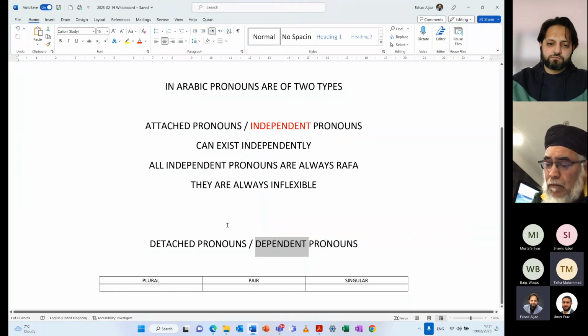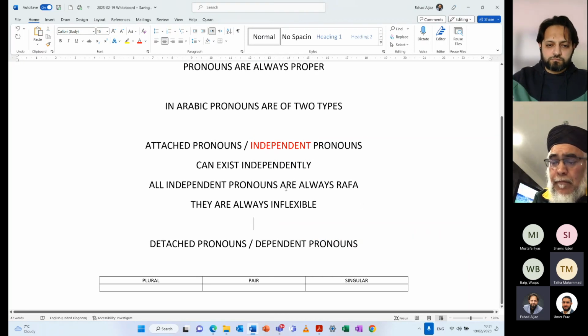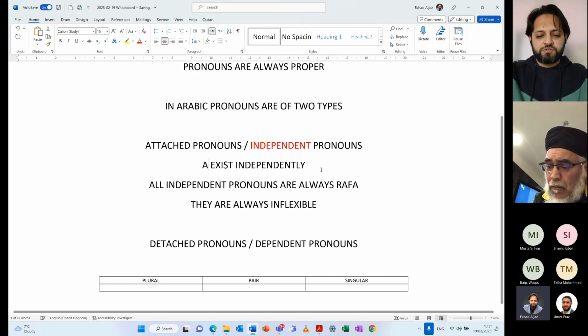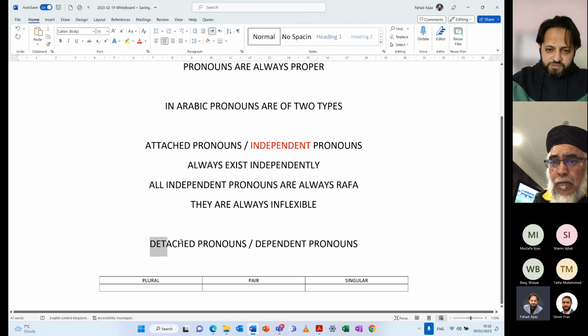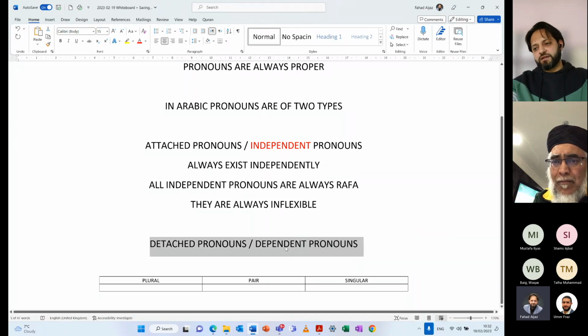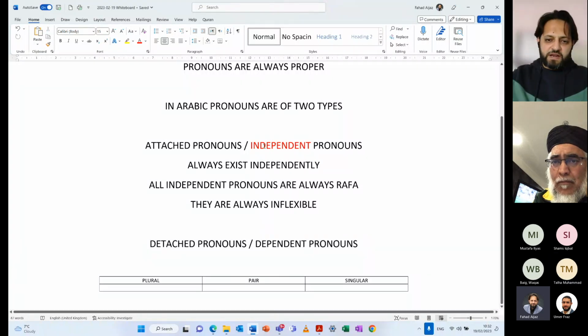But this means, the next condition that you wrote, "can exist independently," so it's not always existing independently. Let me just do it like this, because that's probably confusing you. So the independent ones always exist independently, and the ones which are detached, they don't exist independently. We'll do them later.